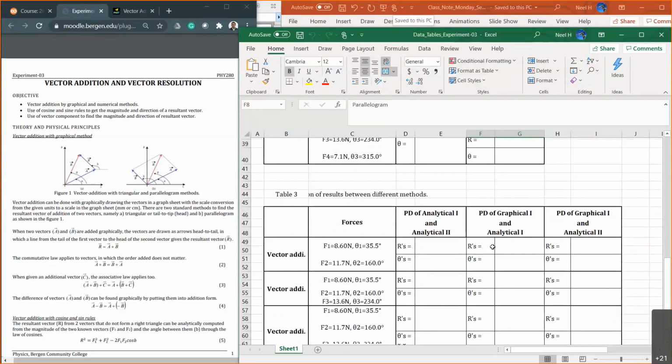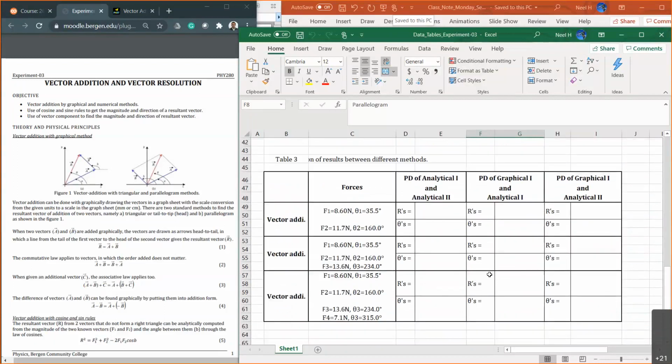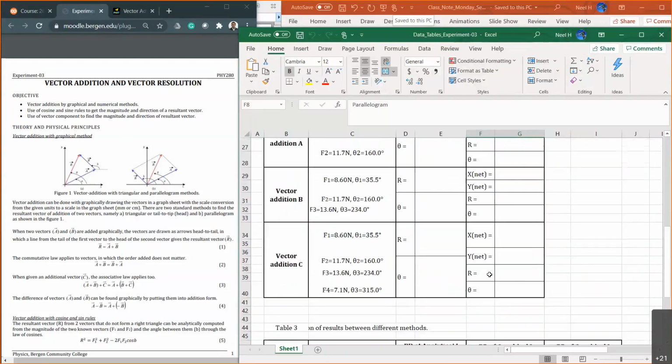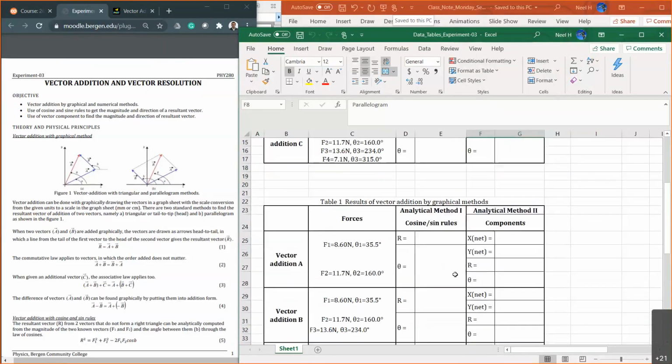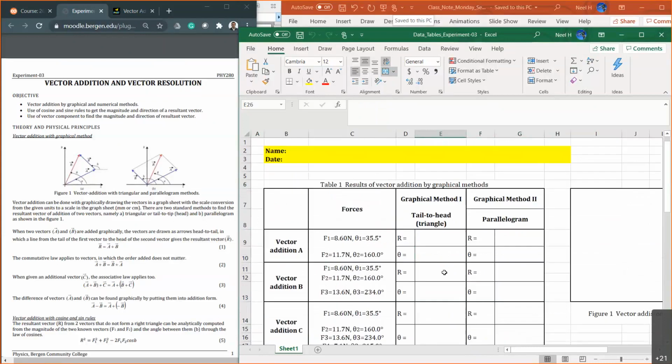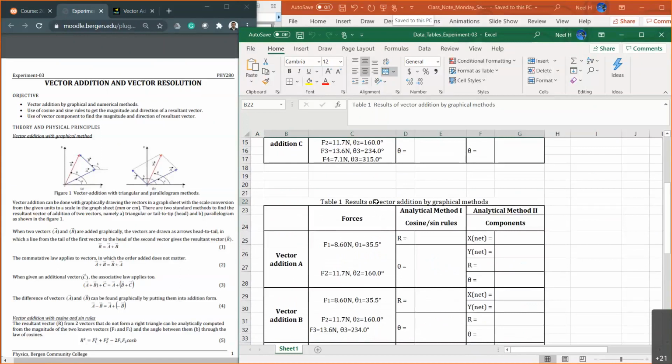And the last table is the percentage difference comparing what you calculated in table number 1 and table number 2. So please change the table name right here. You see table number 1 has the result of vector addition by graphical method. I mistakenly wrote the same term, so you have to change that. The second should be table number 2.